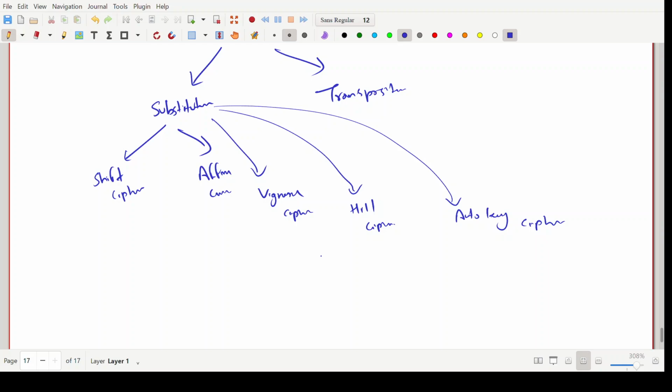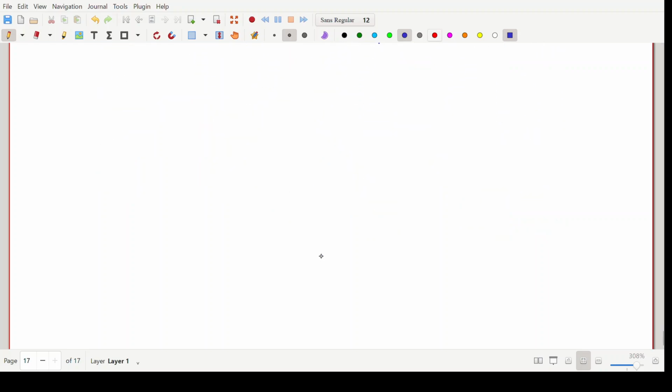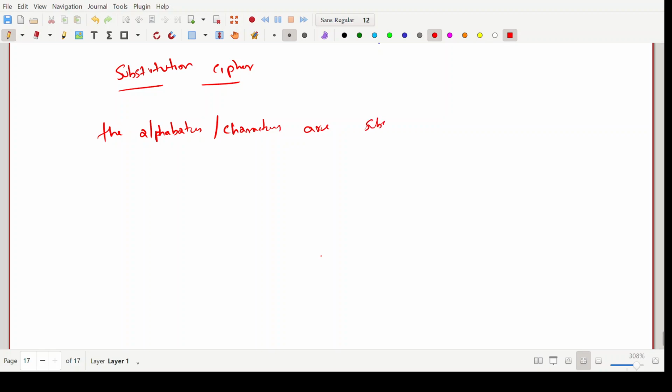As per its name, in this cipher, the alphabets or characters are substituted by another alphabet or character that may not look like your plain text.